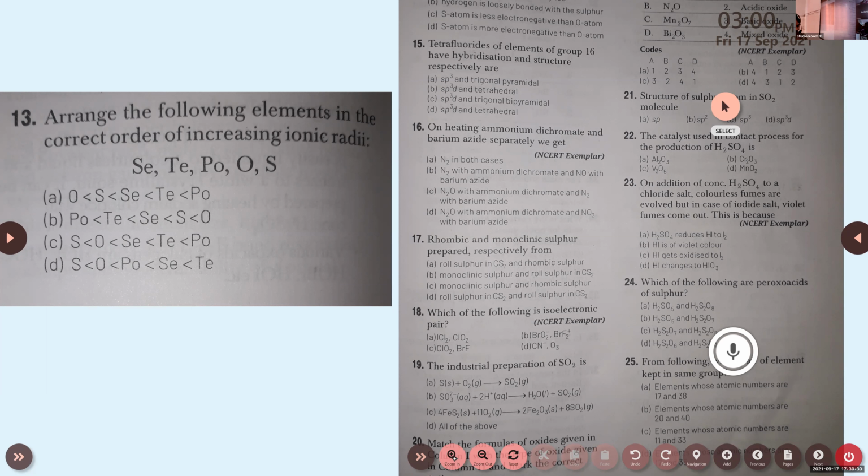What happens to atomic radius or ionic radius in a group from top to bottom? Is it increases or decreases? It increases from top to bottom, right? So what will be the correct order, option A, B, C, or D?